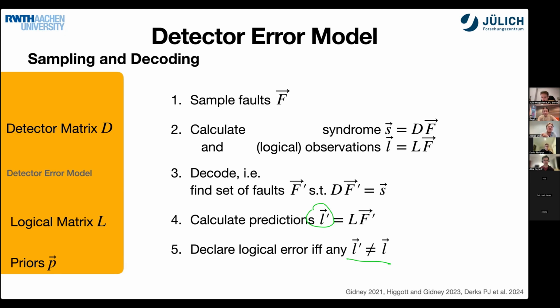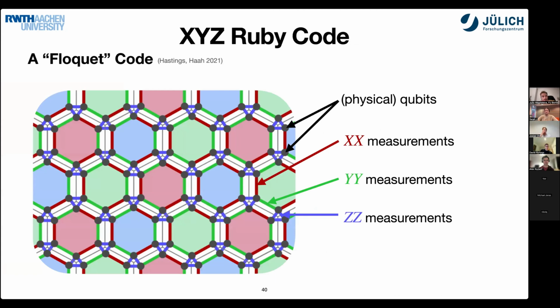All right, perfect. That's all I need to show how we used all of this to analyze a new Floquet code, which is an inherently dynamical error correcting code. Floquet codes were initially introduced, or the term was mainly coined, by Hastings and Haah in 2021.